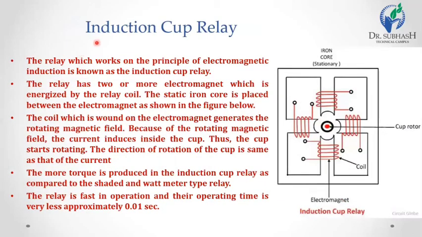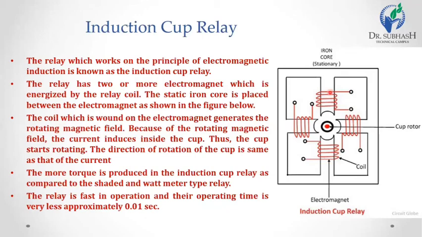Now, the induction cup type relay. This relay also works on electromagnetic induction, where the cup rotor is constructed between this structure. The relay has two or more electromagnets which are energized by the relay coils.